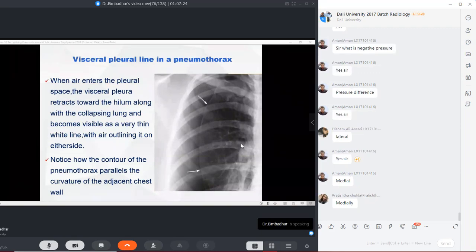So there will be lung retraction towards the hilum, the third radiographic feature. So the first radiographic feature is the visible pleural line, the second is the clear rib shadows, and the third is that the lung is retracting towards the hilum. These are the three characteristic features of a pneumothorax.